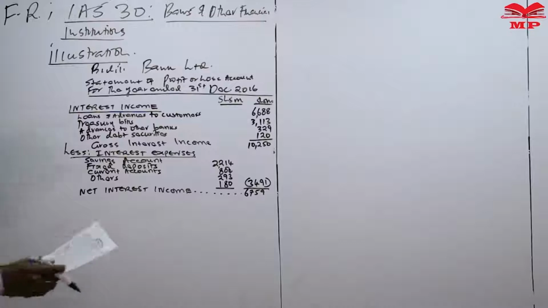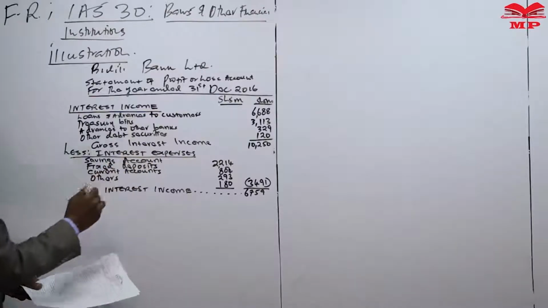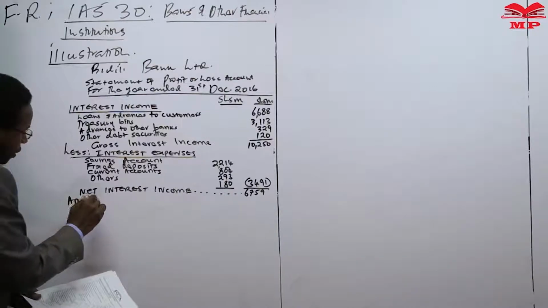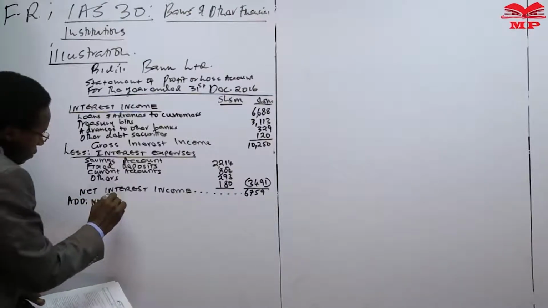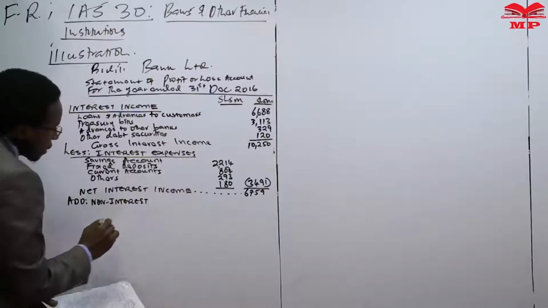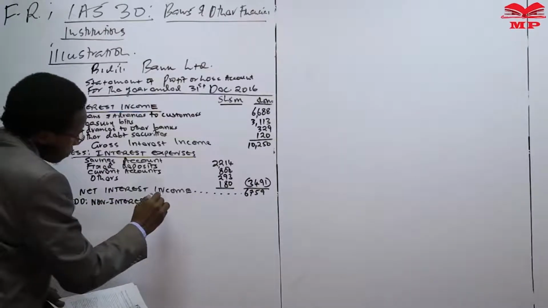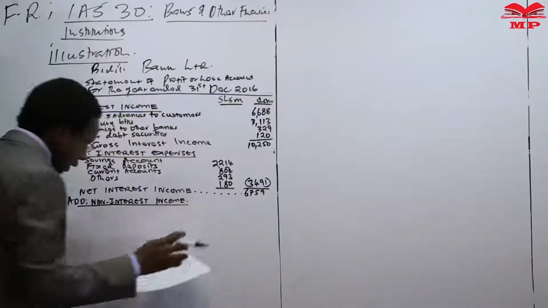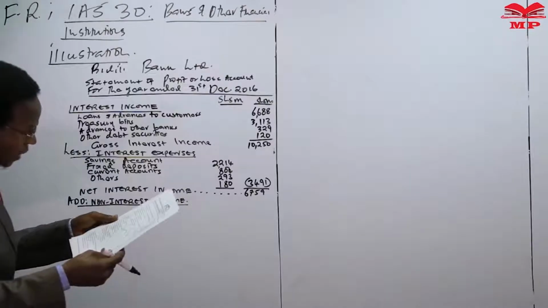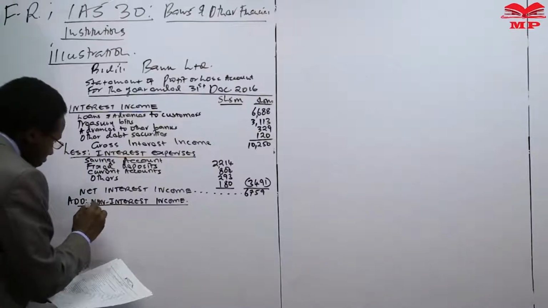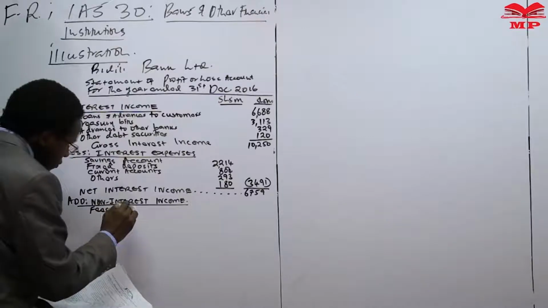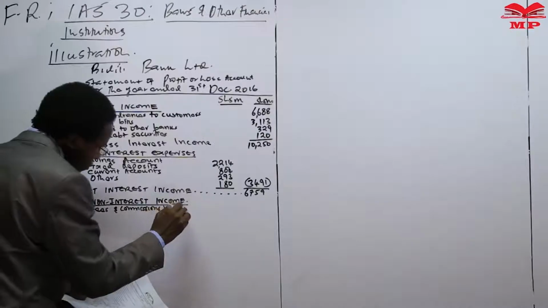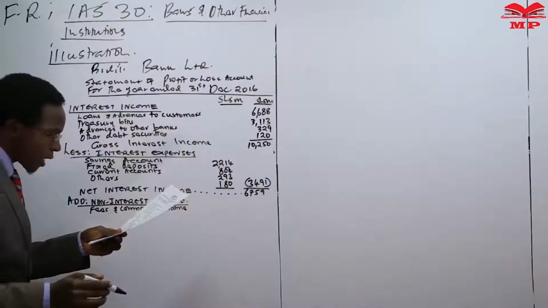Then we move on further. We add non-interest income. Non-interest income is items like fees. We have fees and commissions income.